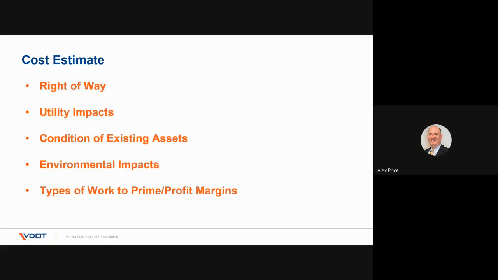All right, let's discuss some things that we've seen that will impact total cost of our projects. Sometimes we've seen projects where the assumptions have been made that no right-of-way will be required for a project. And, I know these projects are out there, but I've never worked on one, or there have been very few.